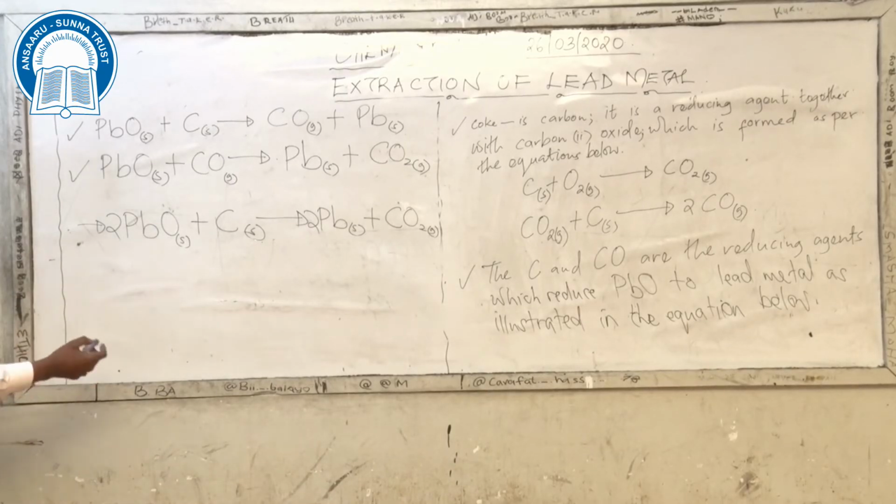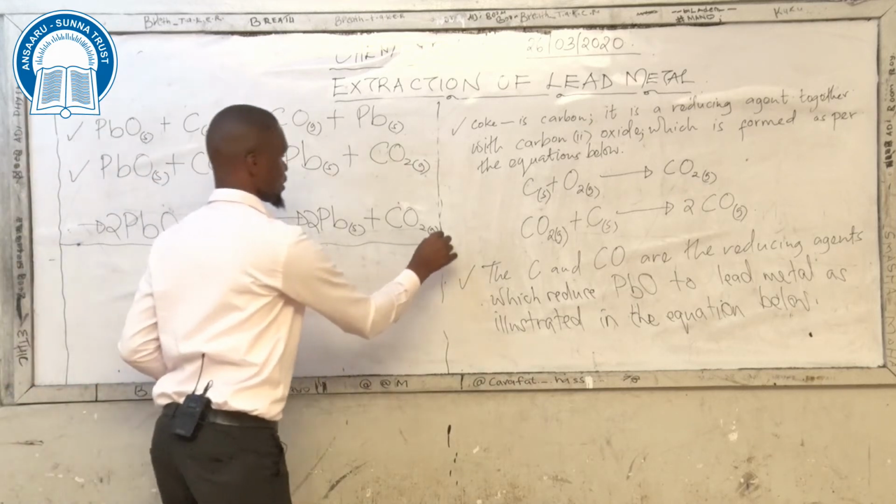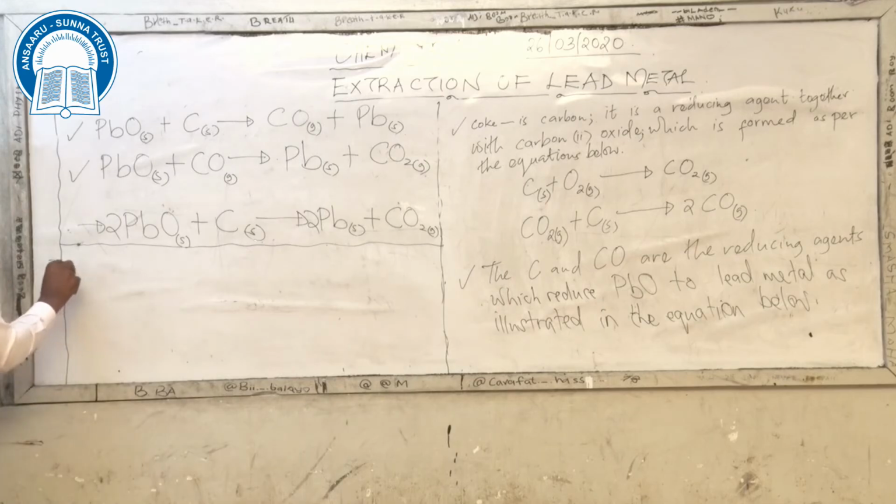Now, during the roasting, not all of the sulfide could have been converted into lead oxide. So what happens?